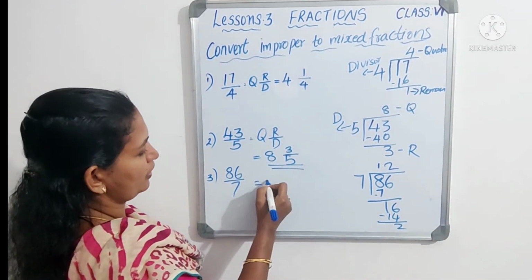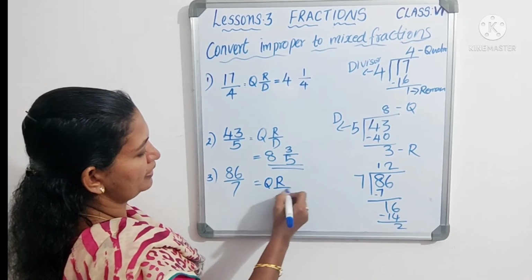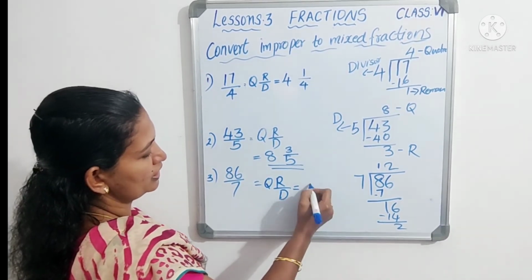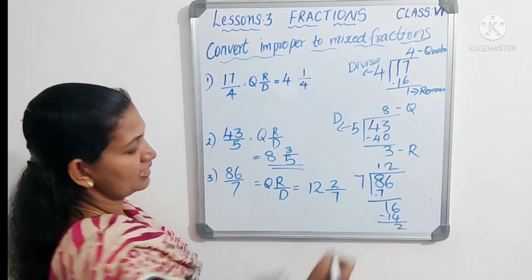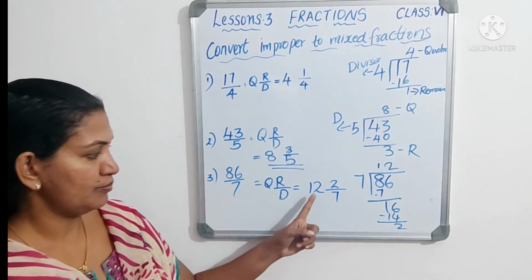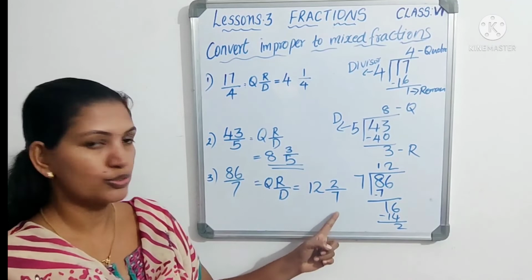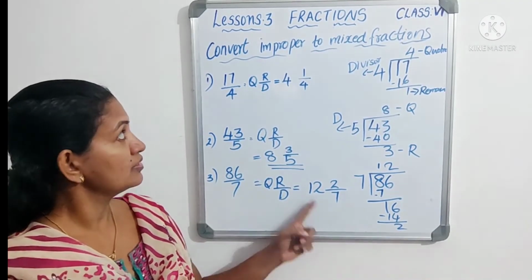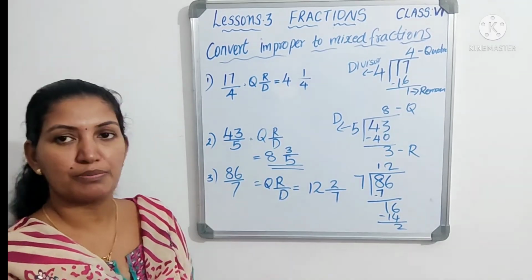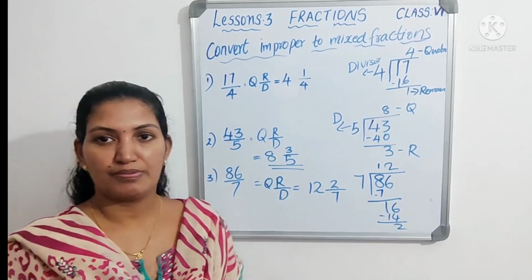How do we write Q R/D? The quotient is 12, the remainder is 2 and the divisor is 7. Now we got the mixed fraction, that is 12 2/7. This is the way to convert an improper fraction to a mixed fraction.